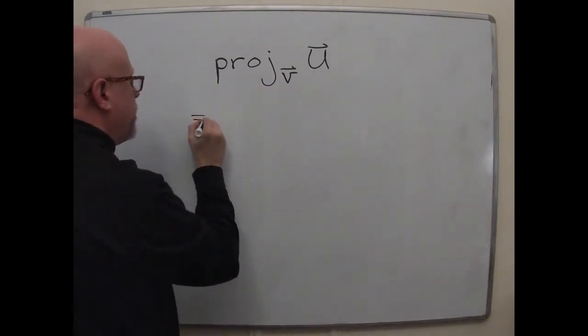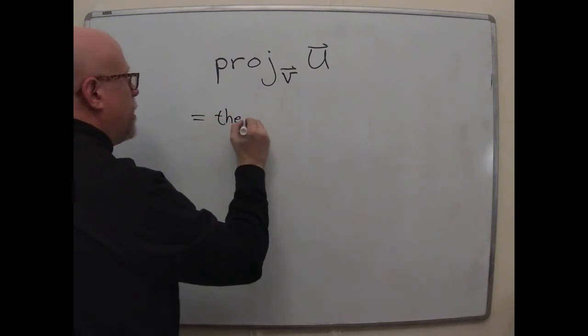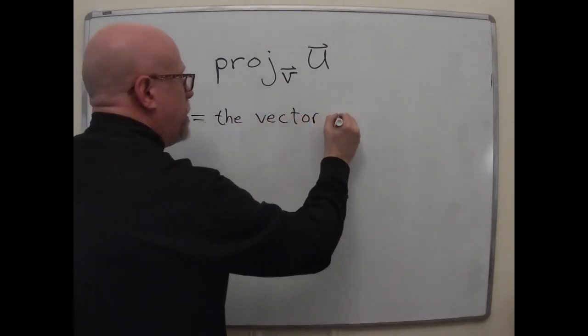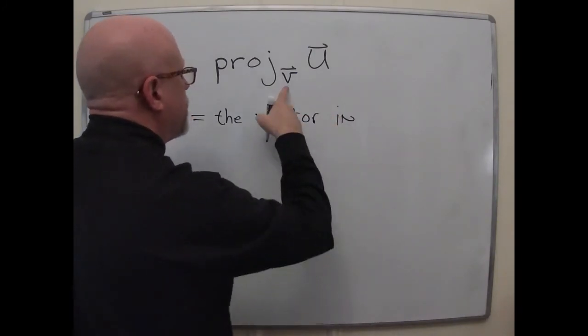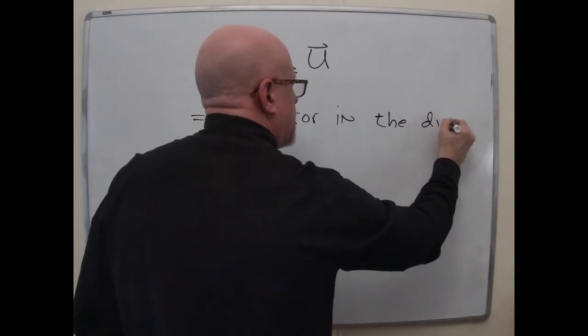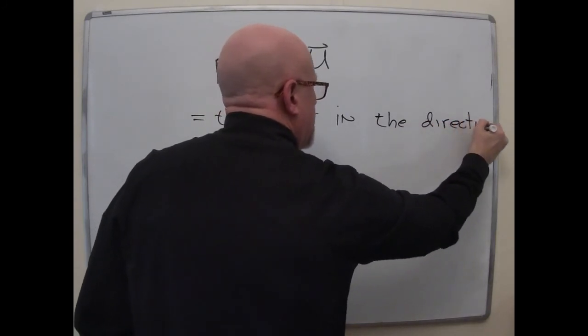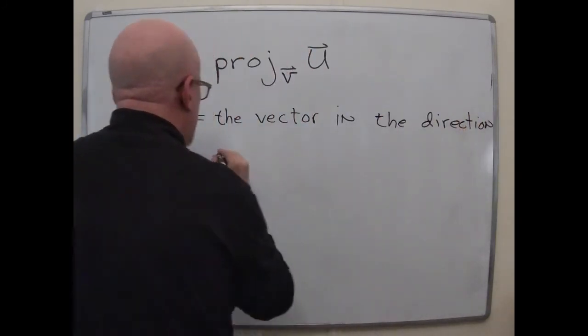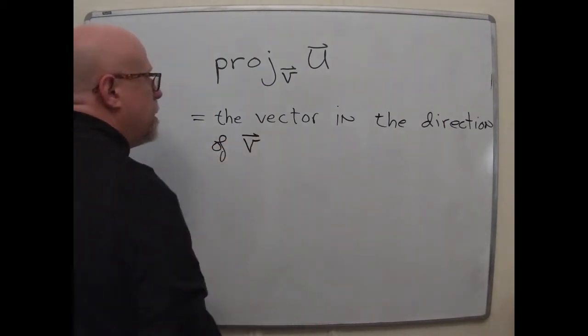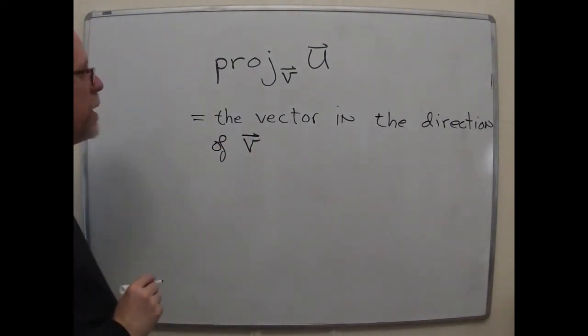And so that means the vector in the direction of v that you get if you project u into that direction.